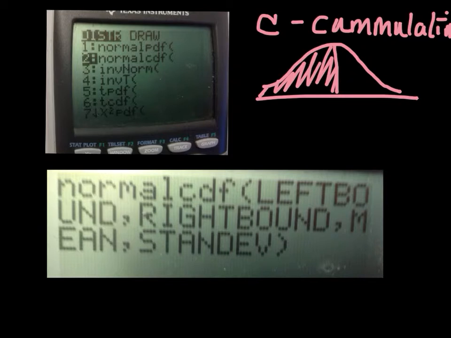Now, when you get normal CDF on your screen, it doesn't have the part in the parentheses, but I wrote it down here so you can put it in your notes.